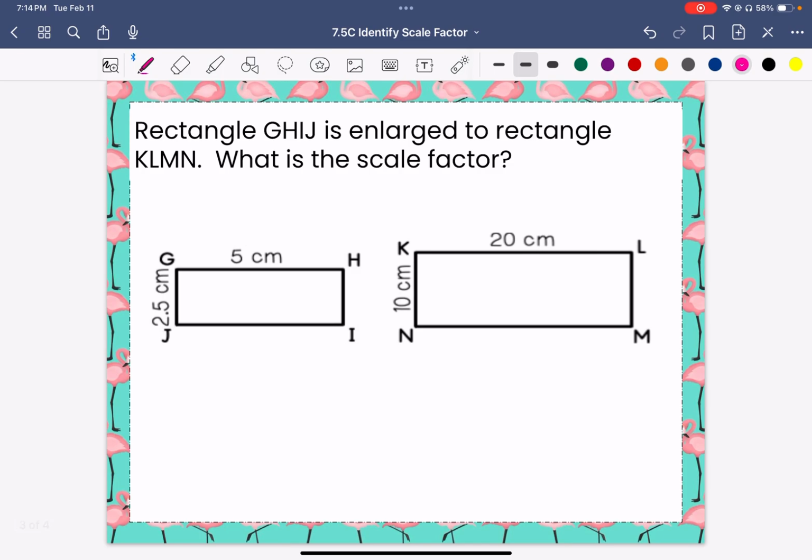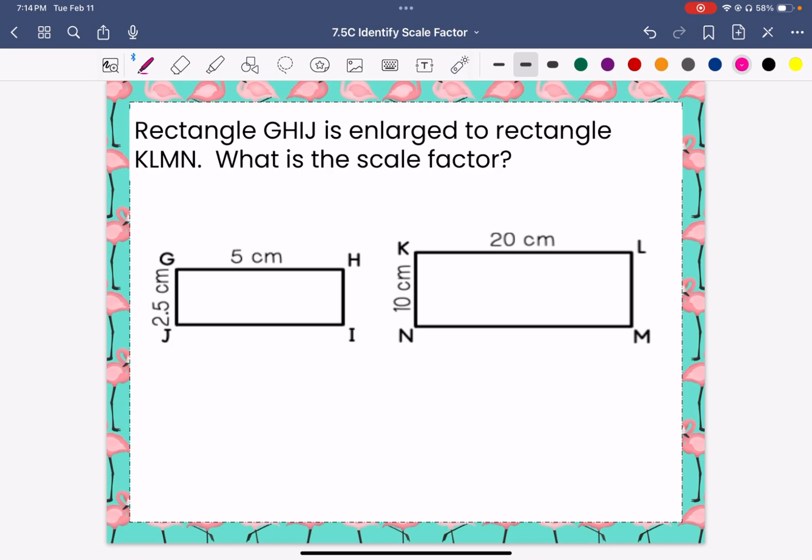So we went from rectangle GHIJ, and it's being enlarged to rectangle KLMN. These are oriented the same way, so it's pretty easy to tell. I always recommend kids trace the smaller shape on patty paper and organize it that way.